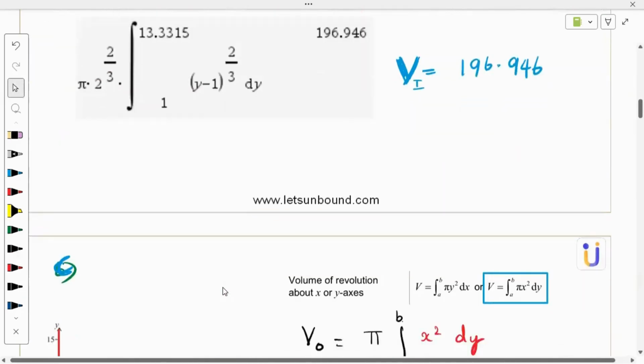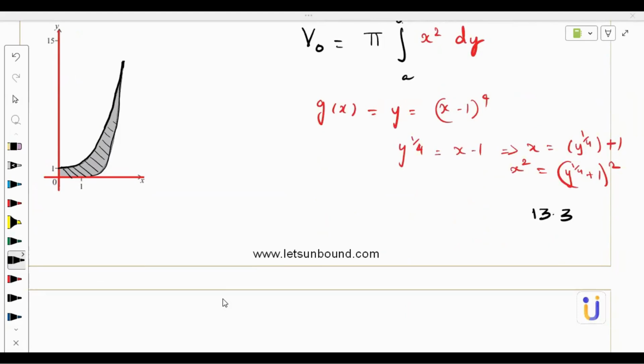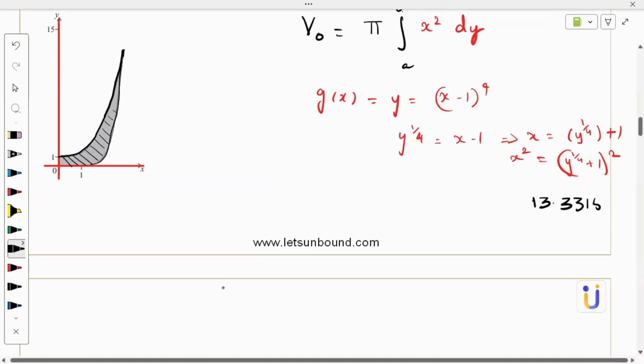But we are solving for y, so the respective y value when p is 2.91 will be 13.3315. And this is the upper bound.